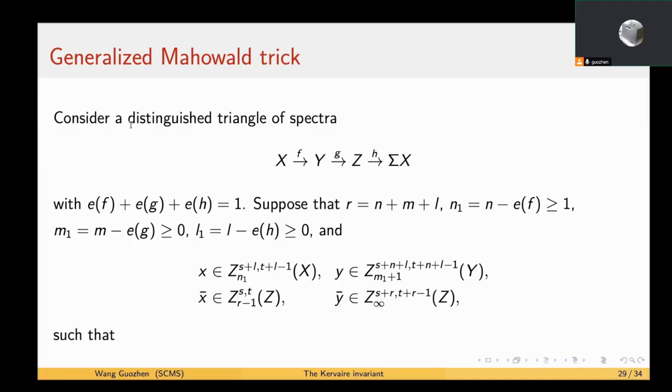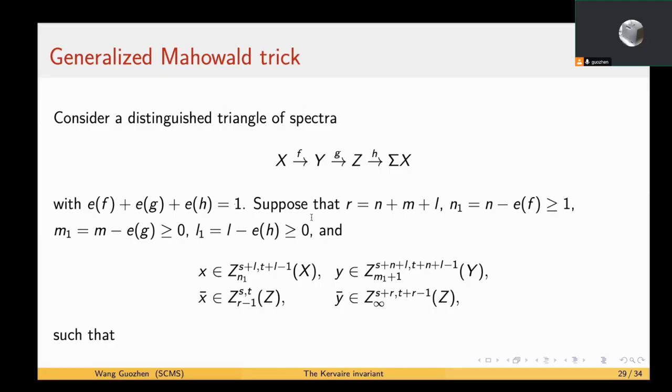We consider a distinguished triangle of spectra from X to Y to Z to the suspension of X. Suppose that e(f) plus e(j) plus e(h) equals 1. That means that exactly one of f, j, and h has Adams filtration greater or equal than 1, and the other two have Adams filtration 0.